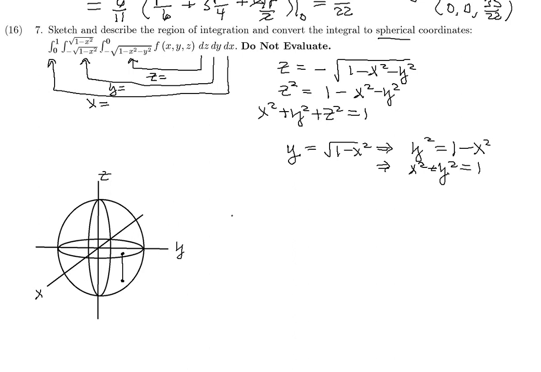So let's go ahead and sketch the domain of integration after we've done that z integration. So it looks like that. And we are integrating from y is negative root 1 minus x squared, that's the bottom half of the circle, to root 1 minus x squared, that's the top half of the circle.